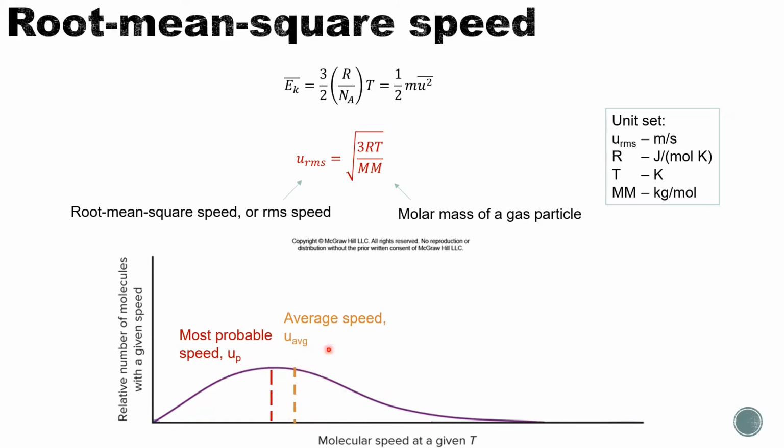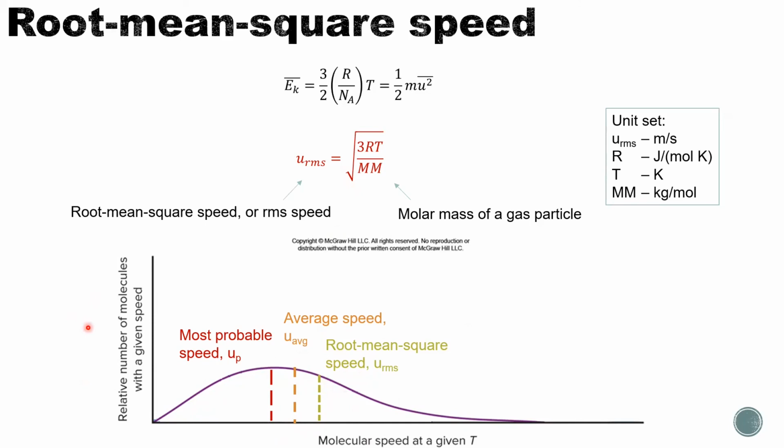That average speed is different from the root mean square speed. If we plot the root mean square speed in the diagram, it's even higher than the average speed, so it's the rightmost one. The plot I show here just wants to demonstrate that these three speeds are different. They are not the same on the plot.